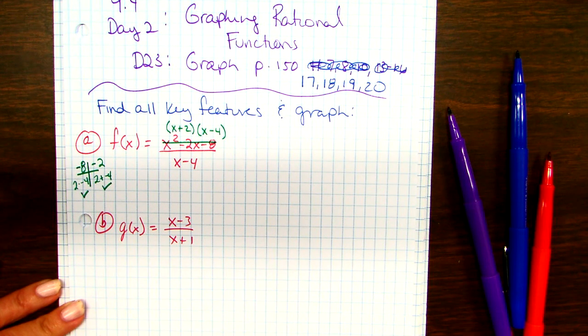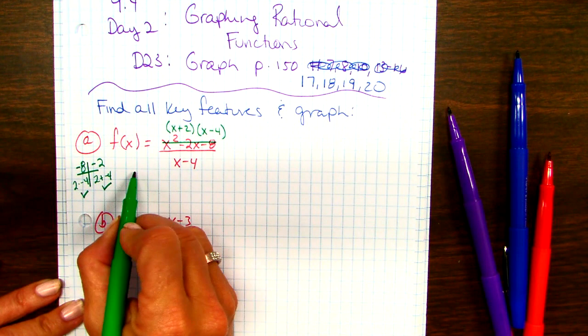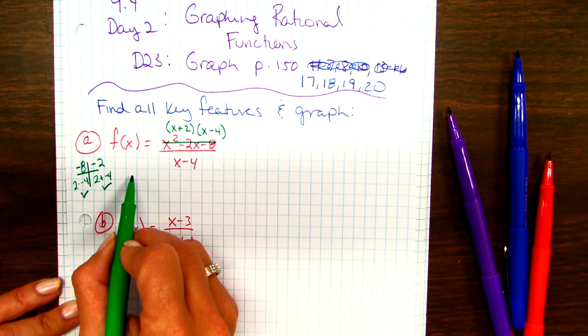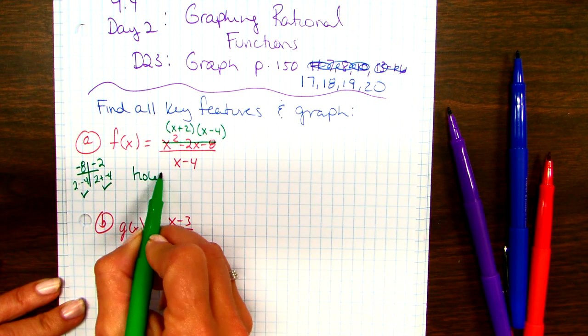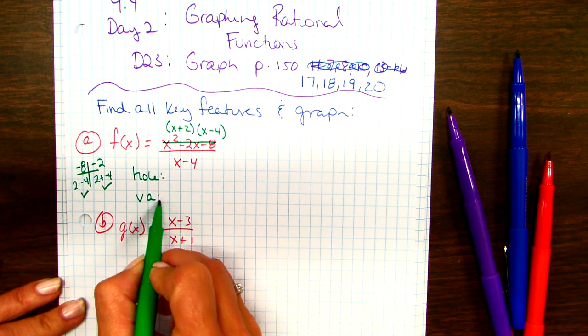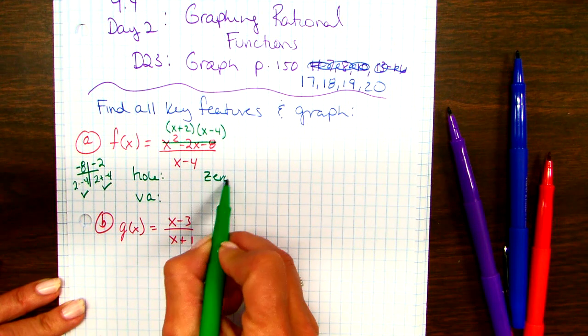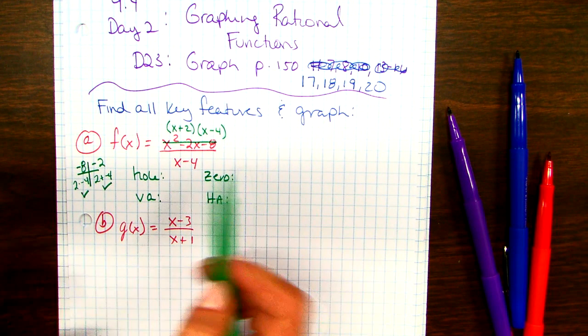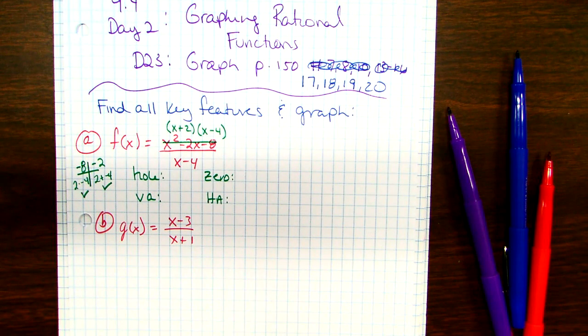All right, now I'm going to leave this space over here to do the graphing, but let's organize our information for our key features. This is what we learned yesterday. We're going to identify the hole, the VA, the 0, and the HA. Now, there's no rule about what order you write those in, but it's pretty much the order we find them in, so that's why I use that as the order.